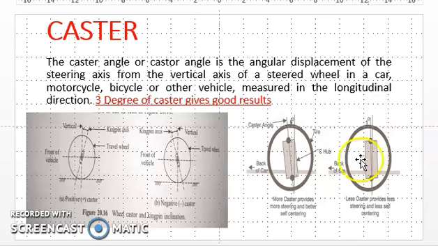Here both figures are from different books, but you will understand better what positive caster and negative caster are. More caster provides more steering and better self-centering, and less caster provides less steering and less self-centering. I think you have understood how it is possible.